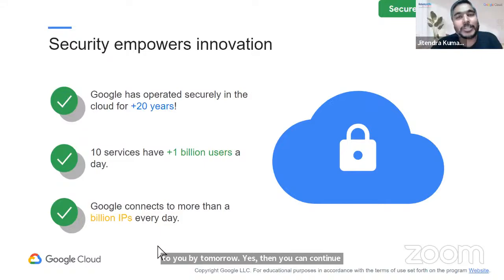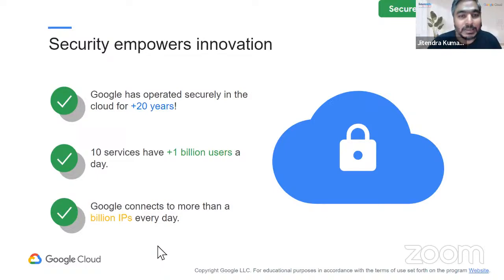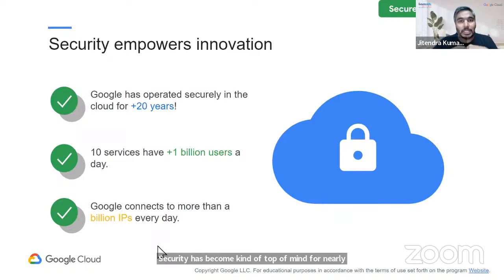Okay, so talking about security, right? If you follow a lot of security blogs, you will see that ransomware and then DDoS and DoS have made life hell for a lot of organizations, right? Security has become top of mind for nearly everybody. And Google pays a lot of attention to security, because Google has 10 plus services.